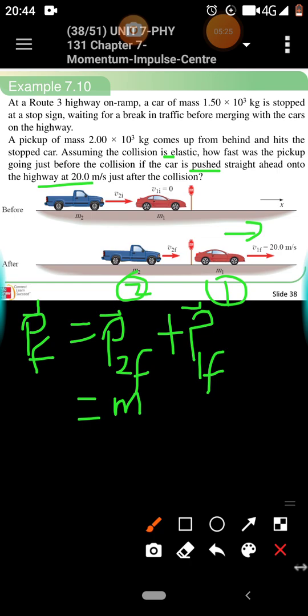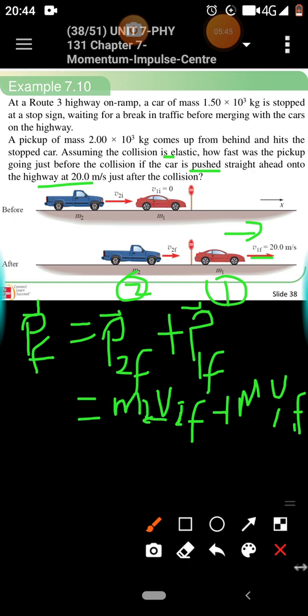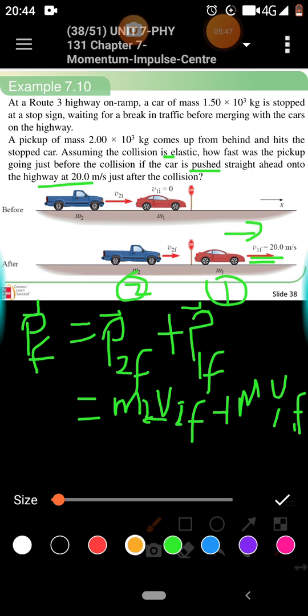We have m2 v2 final plus m1 v1 final. We are given the final velocity of car 1, but we are not given the final velocity of car 2.